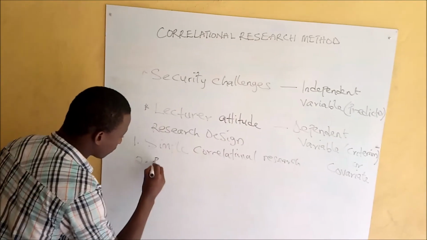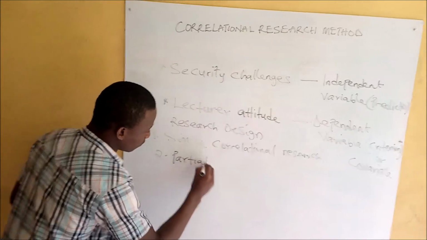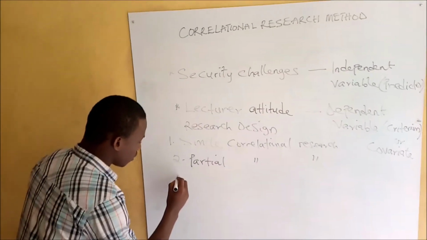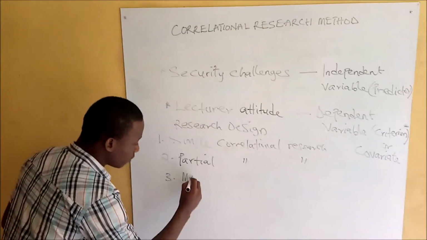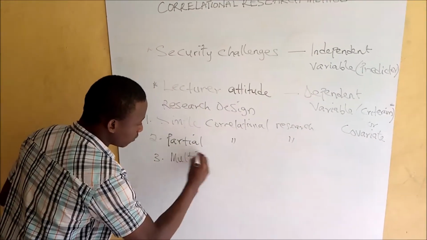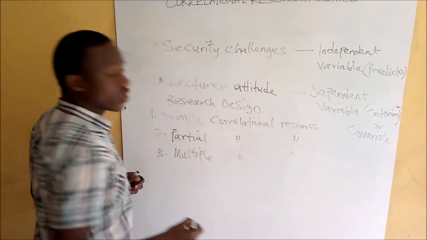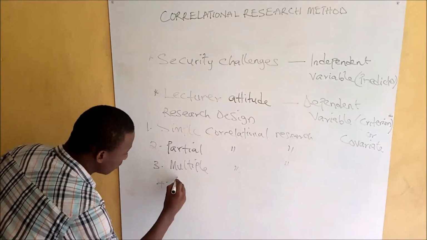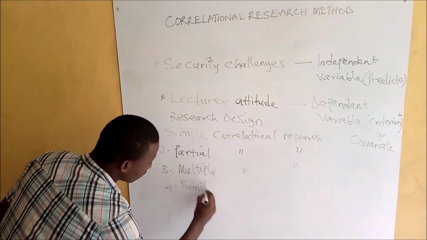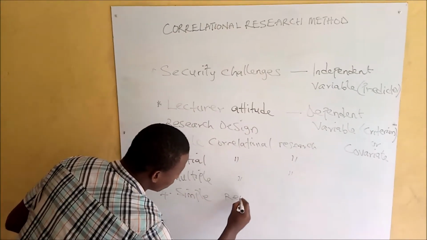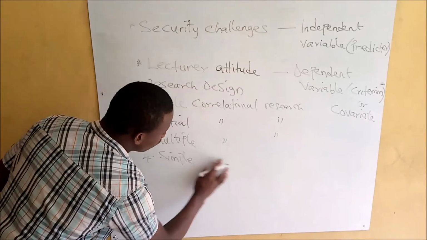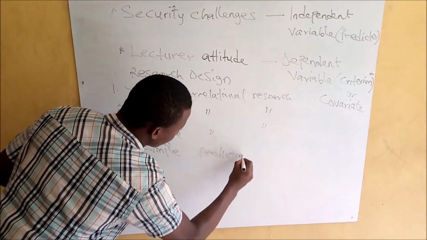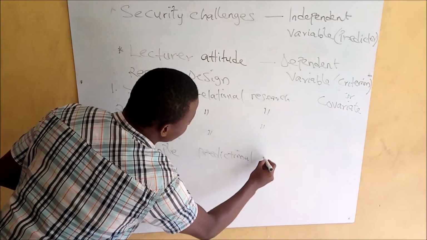Then number two is partial correlational research design. Number three is multiple correlational research design. Number four is simple regression, or you call it simple predictional research design.